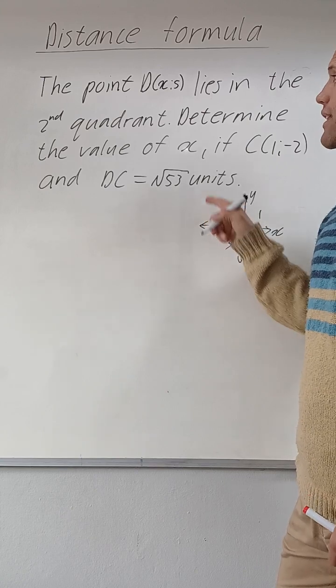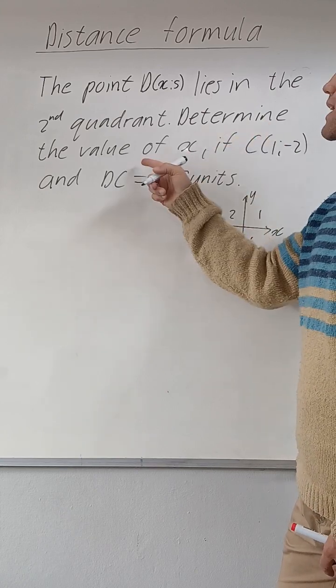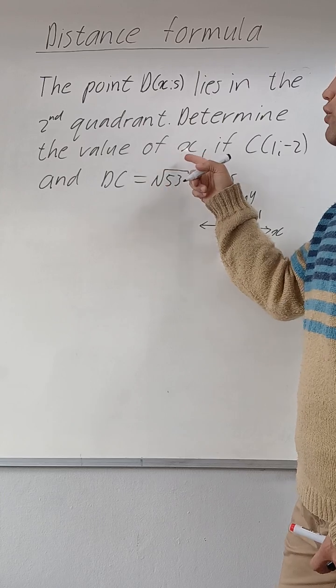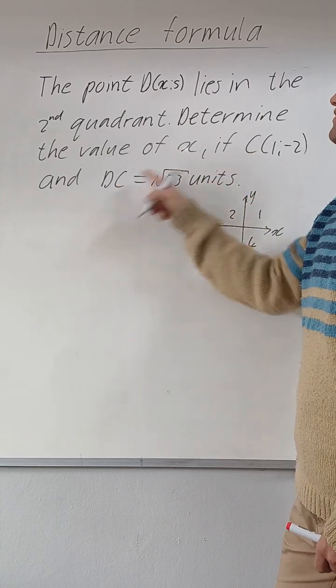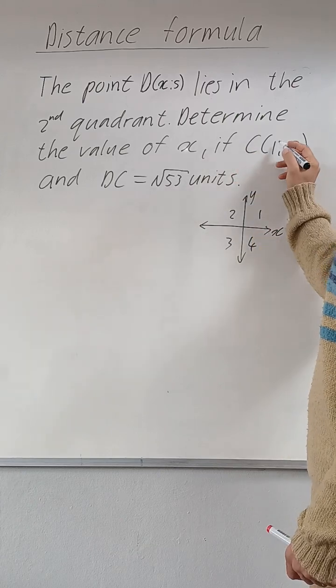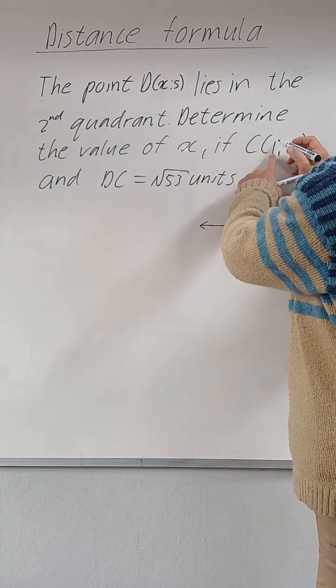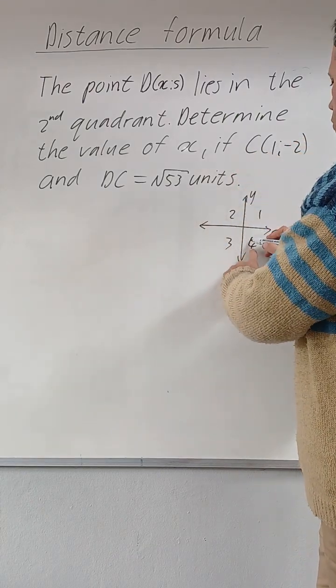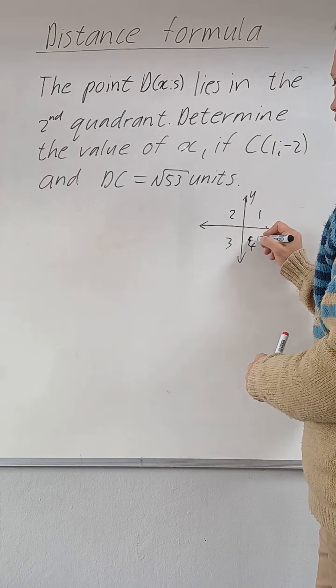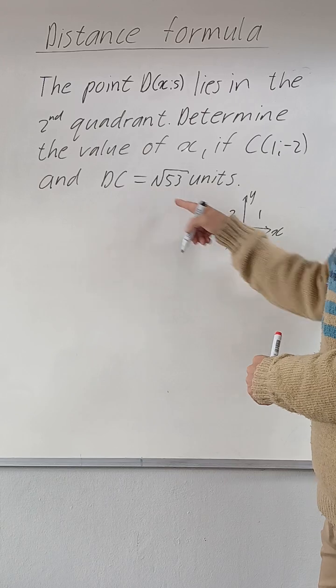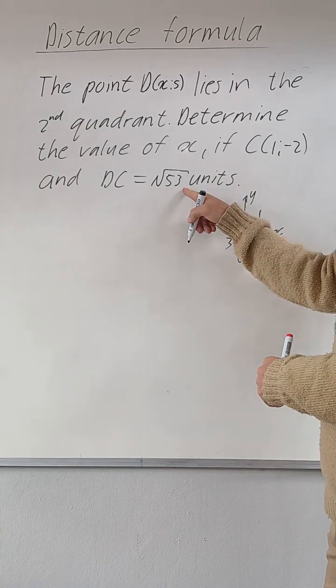And then they also said to determine the value of x if the coordinate C is (1, -2). So we know now that C has an x value of 1 and a y value of negative 2. So that means C lies somewhere around here. And the length of DC is the square root of 53.